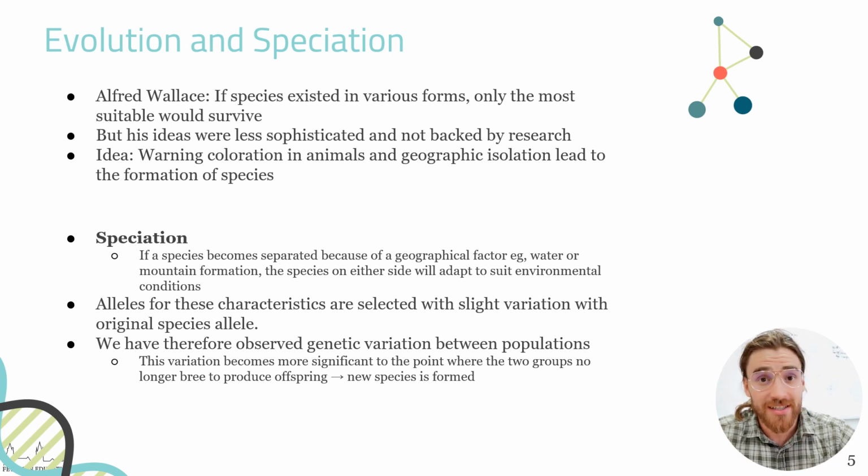So when it comes to speciation, it's usually when a species becomes separated by geographical factors, such as a new lake forming, or maybe a mountain range forming. Maybe a forest grows in between two species of deer or horses, let's say. Anything that is going to split them apart.